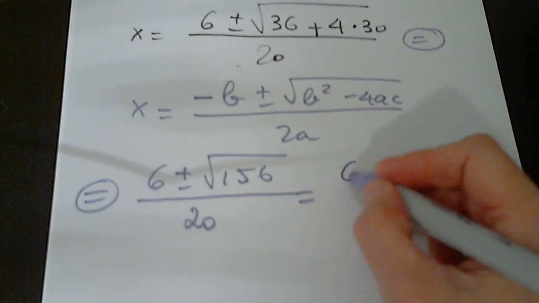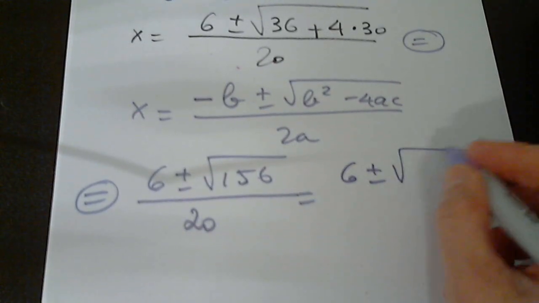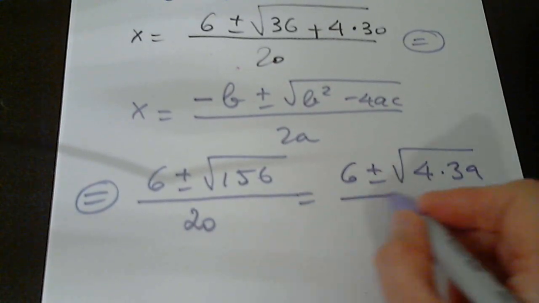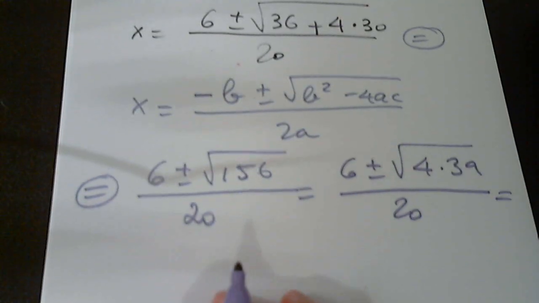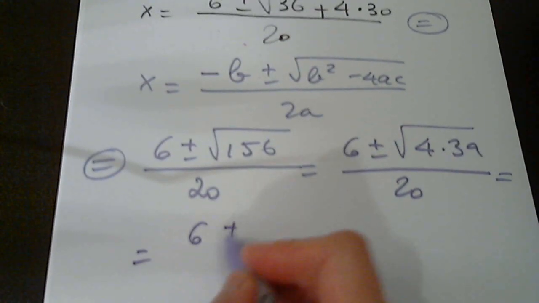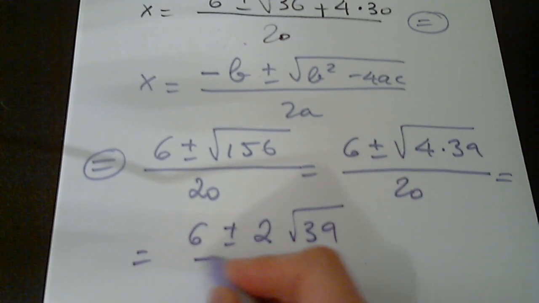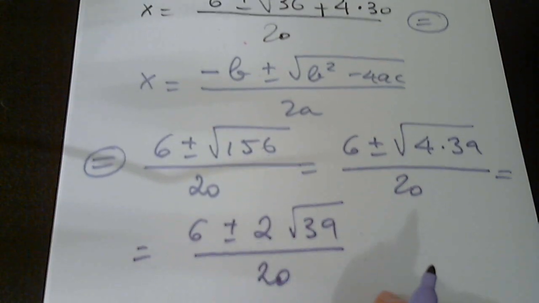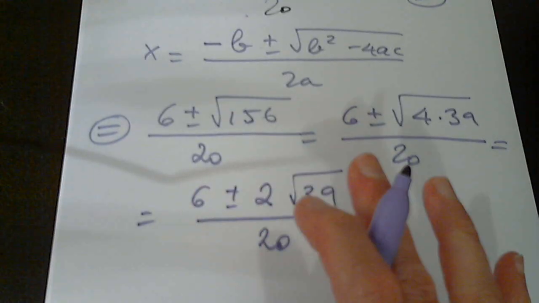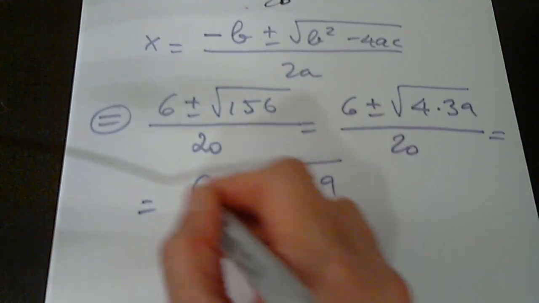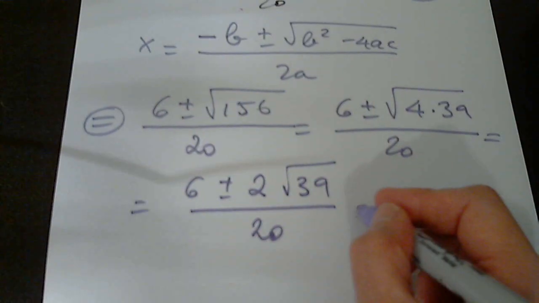So what was I doing? Okay, plus or minus the square root of 4 times 39 divided by 20. We continue with 6 plus or minus the square root of 4, which is 2, and the square root of 39, divided by 20. Do not simplify like this. I even saw some of you do that. No, we cannot do that.